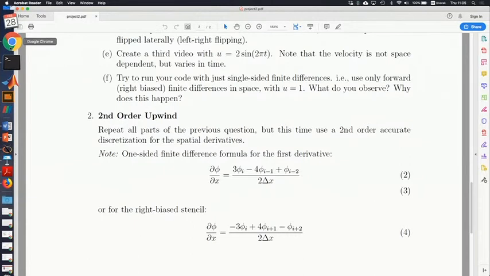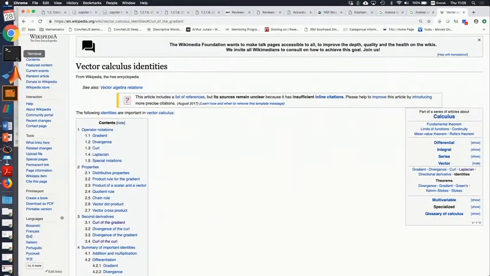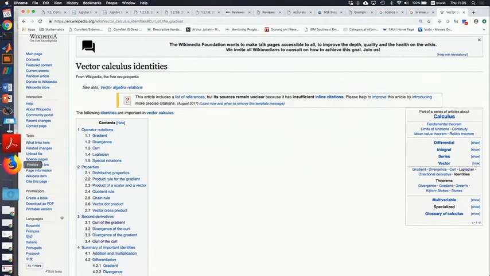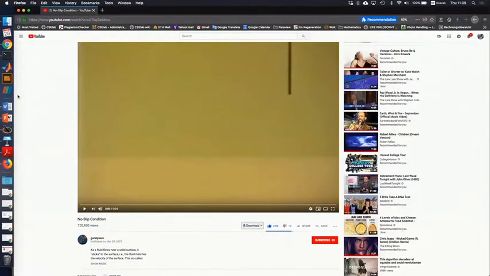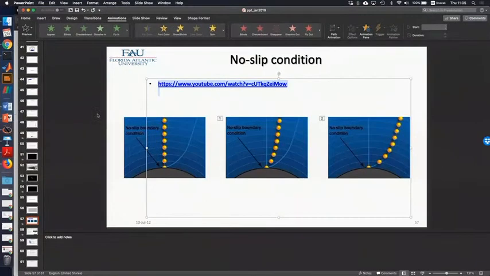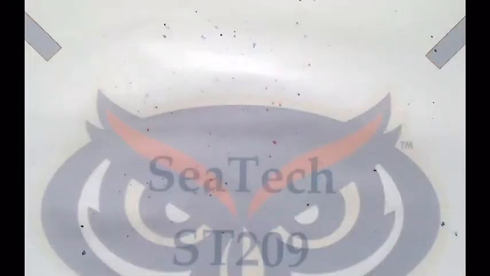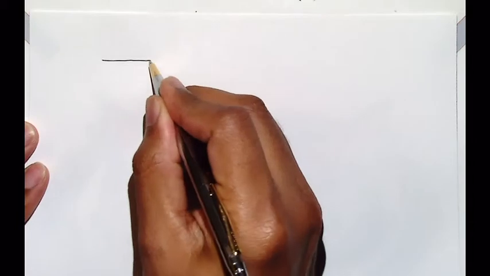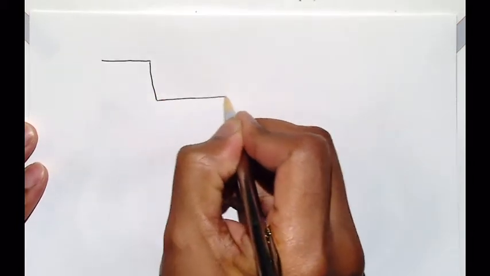So we have been talking about boundary conditions for velocity. And we just mentioned that, okay, if we have a wall, we know what the boundary condition should look like.